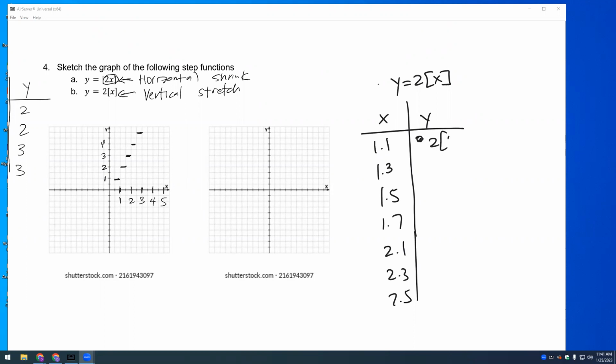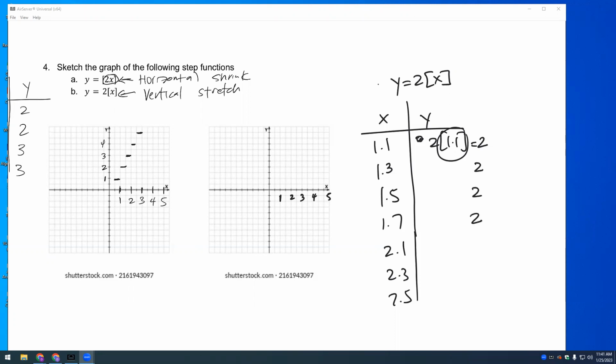Step function of 1.1 is what? 1. 1 times 2? 2. So the y value is 2. So here's 1, 2, 3, 4, and 5. So this would be at 2. So 1.1. And this is all going to be 2, right?